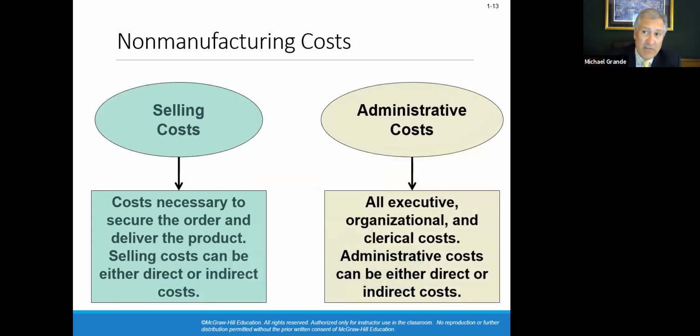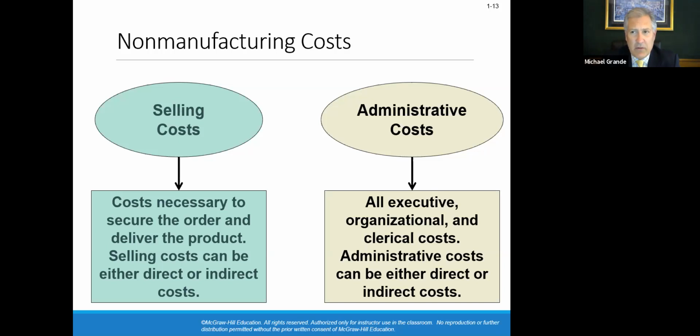Okay, so manufacturing costs were direct materials, direct labor, and manufacturing overhead. Those are manufacturing costs. Now we're talking about non-manufacturing costs. Those are things like selling costs and administrative costs.